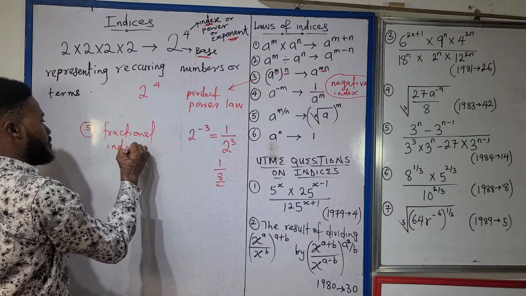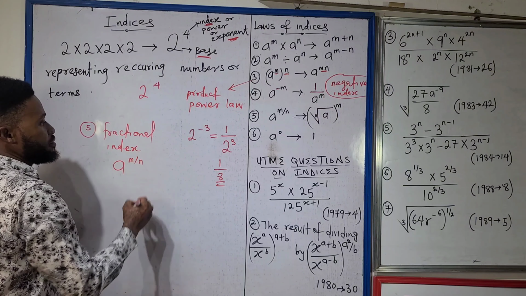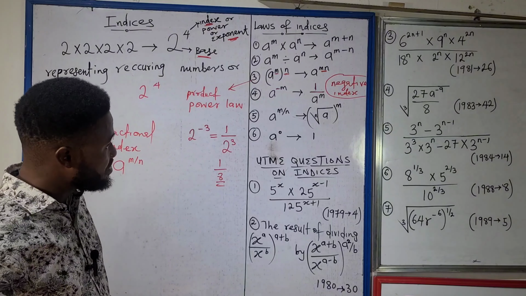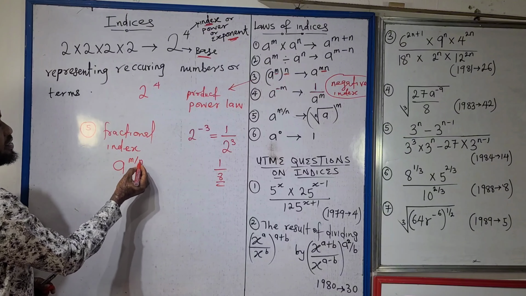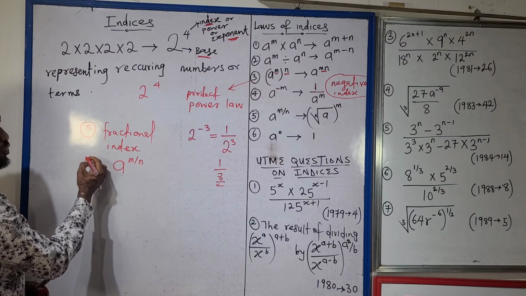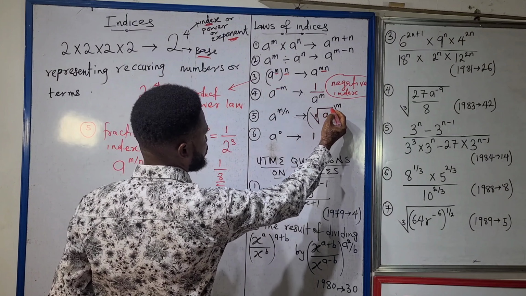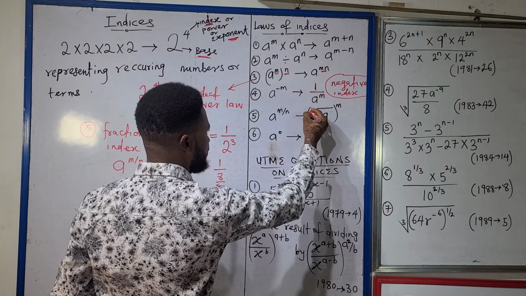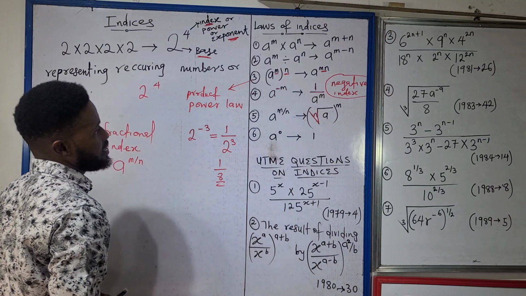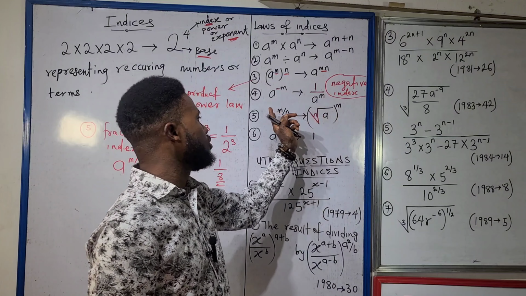So that's that. Then the fifth one, law 5, talks about fractional index. In this case, we have a raised to power m over n. You need to understand that the denominator of your power is going to form the root. Like you can see here, n root of a, everything raised to the power of the numerator.